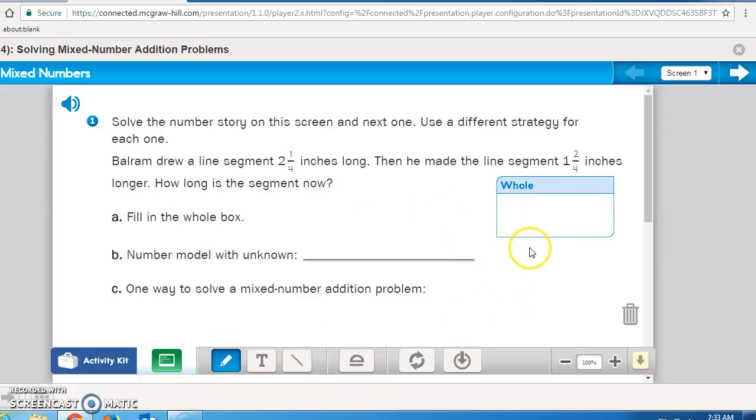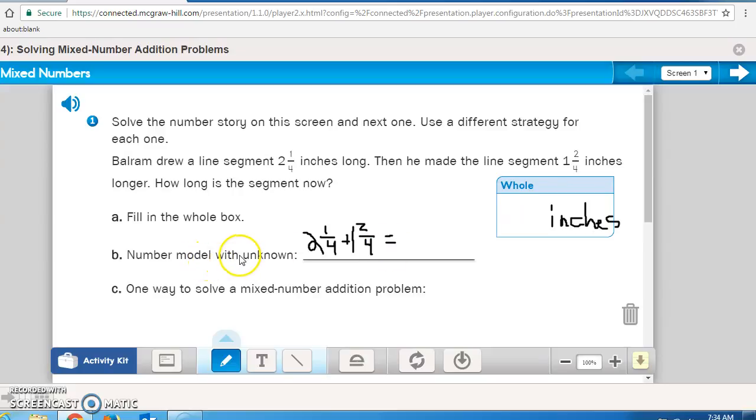We're going to be looking at that in inches. So in your whole box, you should write the word inches. The number model for what is known: well, I know I have 2 1/4, and if he made it 1 2/4 inches longer, I'm going to add 1 2/4 inches.